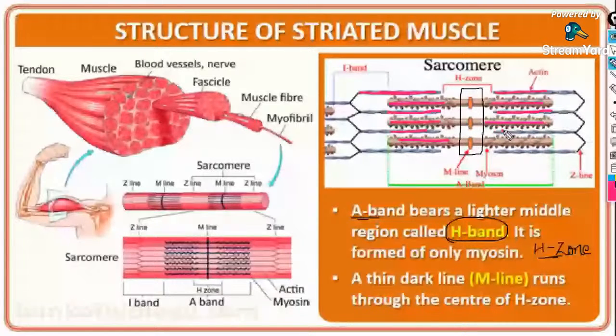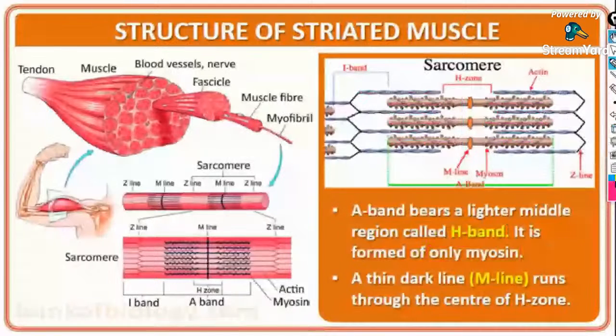But in the middle region, in the H zone or the H band, you can see that only myosin filaments are present. That is, it is formed only of myosin. So the actin filament will never mount above this myosin filament.